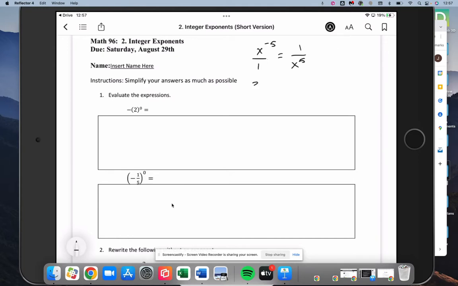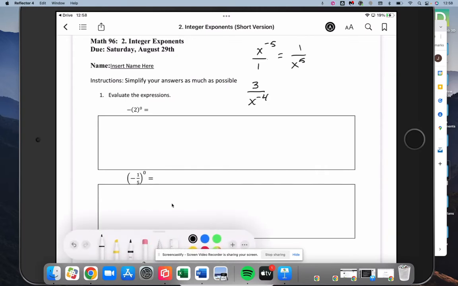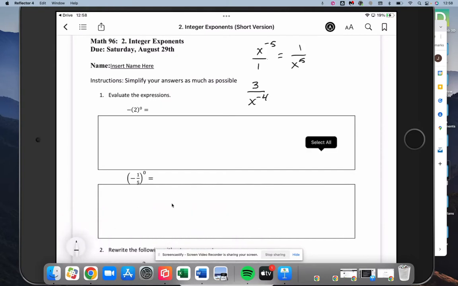Alternatively, if we had something like 3 over x to the negative 4th, and I wanted to make that exponent positive, I just need to move that whole thing, the x to the negative 4, to the numerator, and we would end up with 3x to the positive 4.